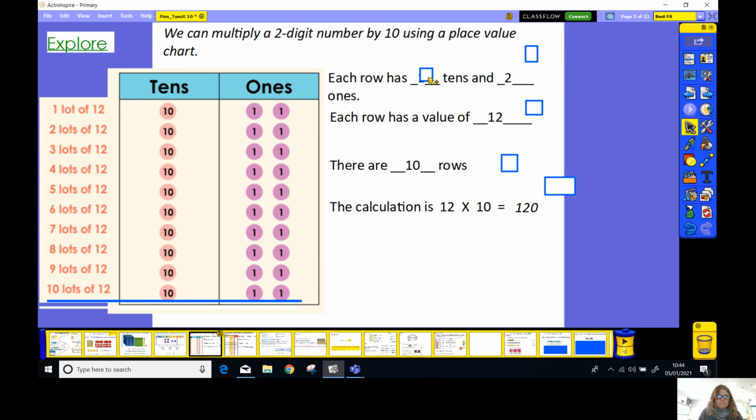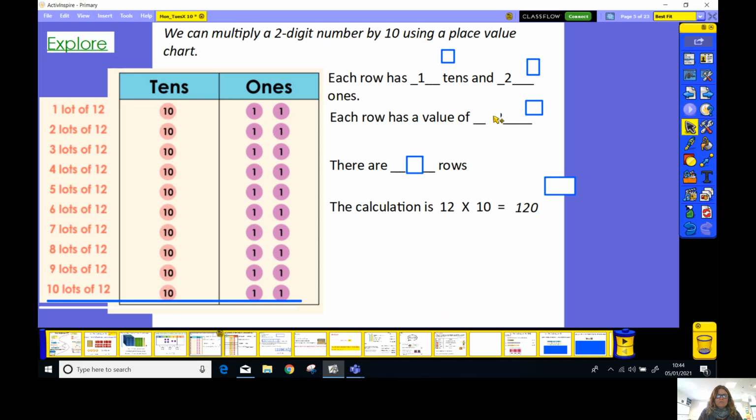Now here, let me just cover those up for a minute, I have another chart. And this one has lots of rows. It has 10 rows altogether, and each row has 1 10 and 2 1s.